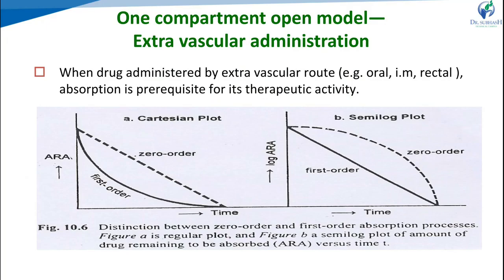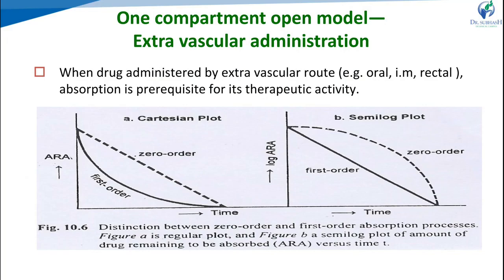Here we distinguish between zero order and first order absorption processes. In the first diagram, the regular plot, we graph the amount of drug remaining to be absorbed versus time.